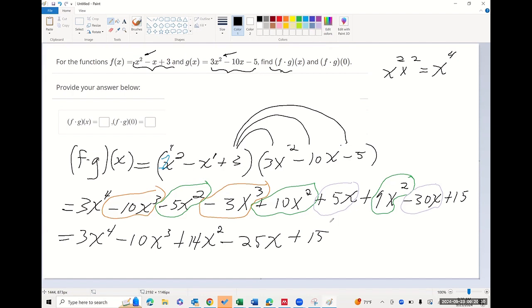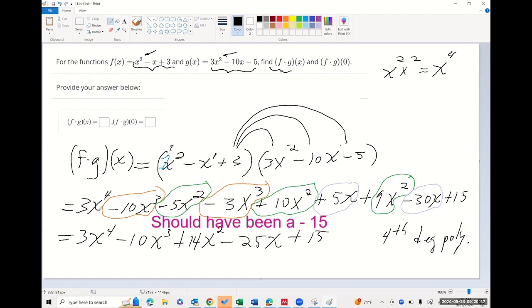So we're left with what ends up being a fourth degree polynomial. When you multiply a second degree polynomial with a second degree polynomial, you get a fourth degree polynomial, which means that's the biggest exponent.